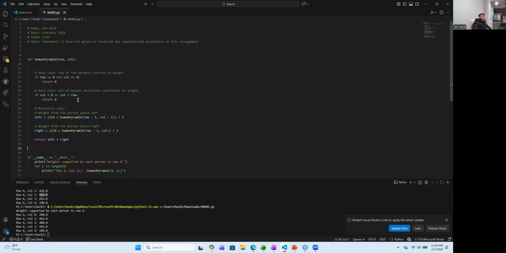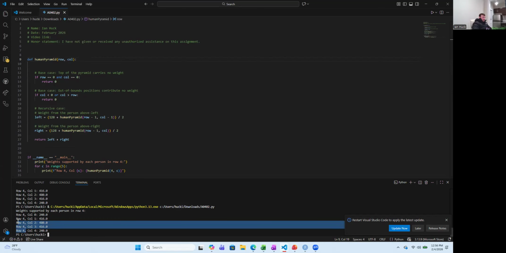So we have our base case, which means it's going to return zero if these conditions are true right here. We have our main function, define human_pyramid(row, column), and we're trying to find the weight of every person on row four. There's technically five rows, but with indexing, it's going to be row four because it starts with zero.